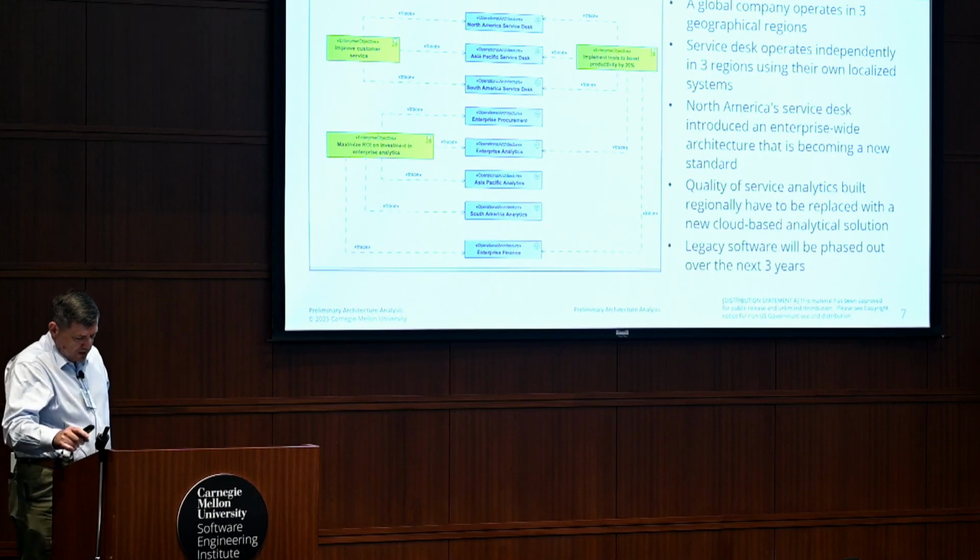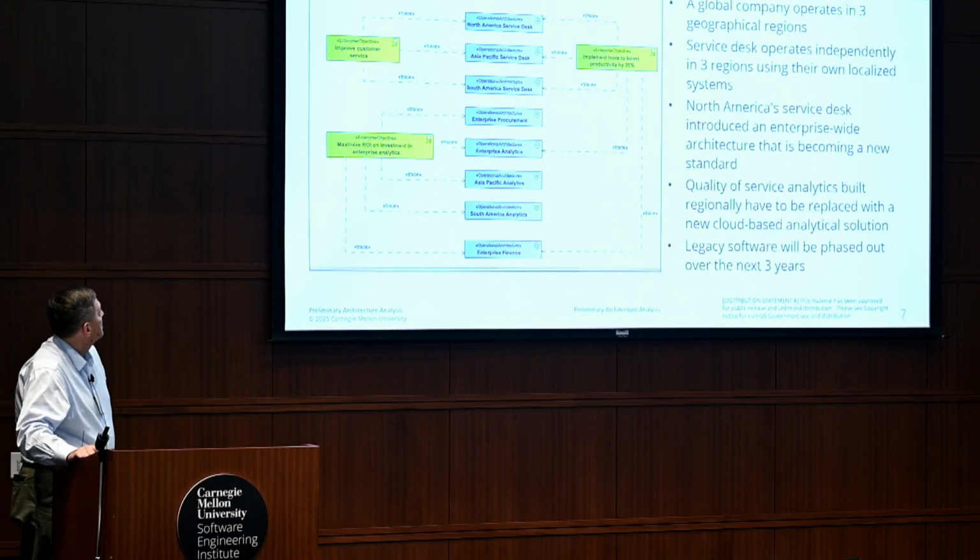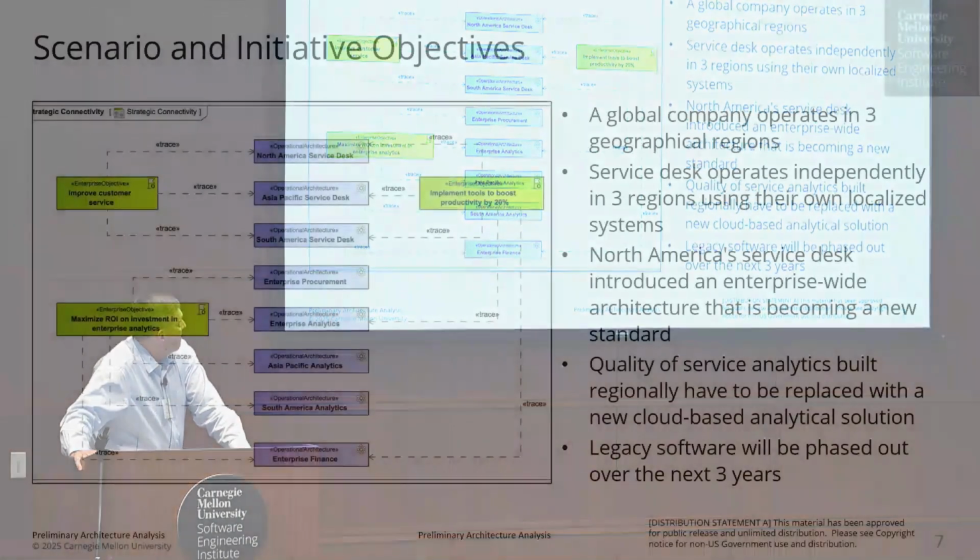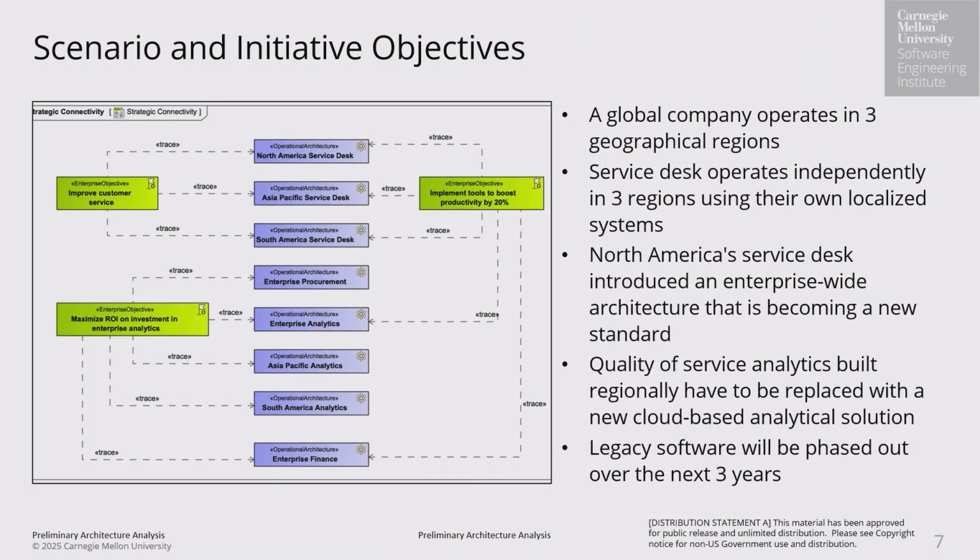And the scenario is, I think it's very typical these days. A global company operates in Asia Pacific, South America, and North America regions. Of course, each region has its own service desk that operates on local systems that are localized.